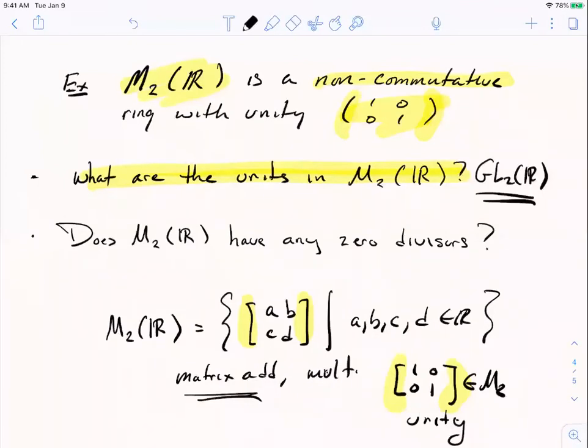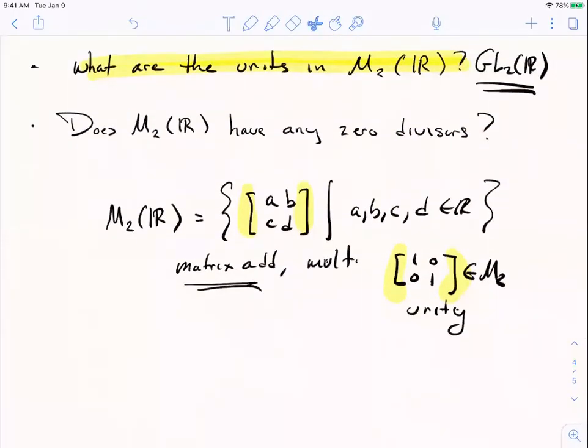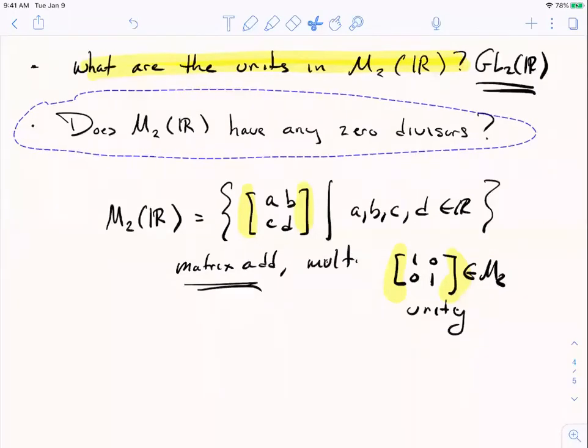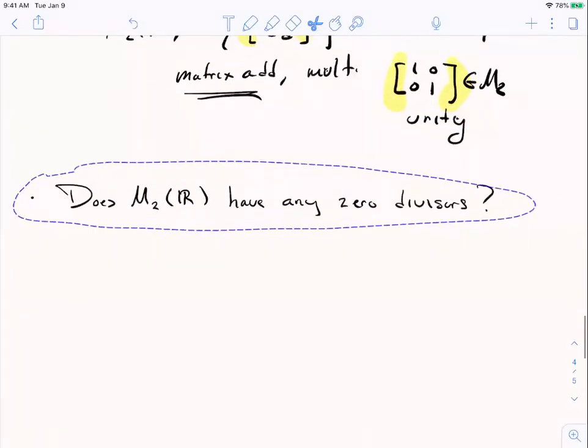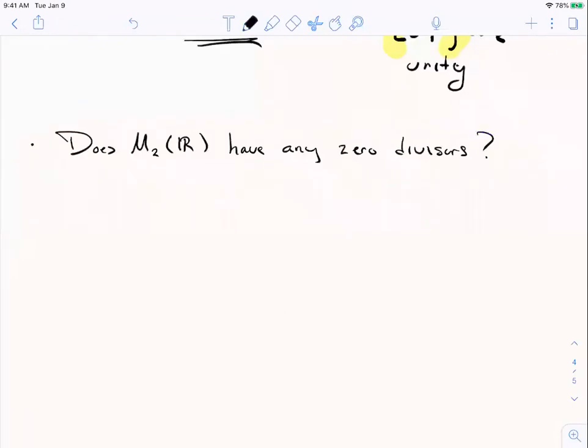Cool. I took up my room to answer this last question, so I can move it, I guess. There, that's pretty magic. Does it have zero divisors? Pause, ask yourself, can you multiply 2 non-zero matrices together and get 0? If you've had your linear algebra class, I think you would have seen that the answer to that question is yes. These are certainly not the only examples, but I think this is an example.